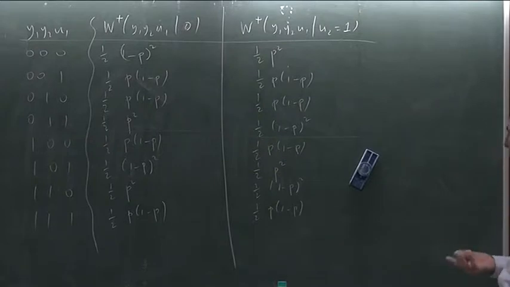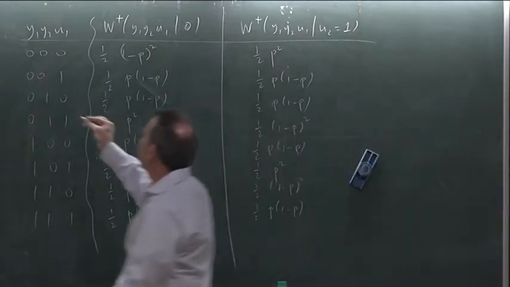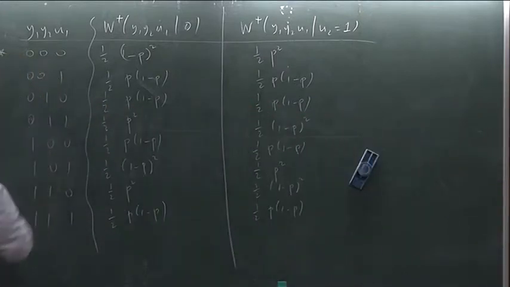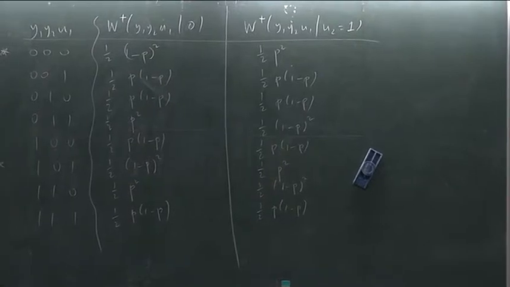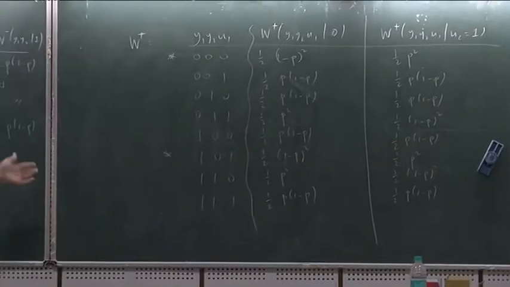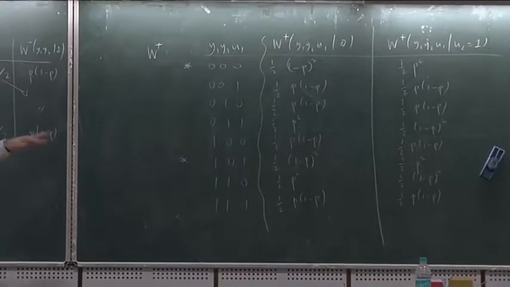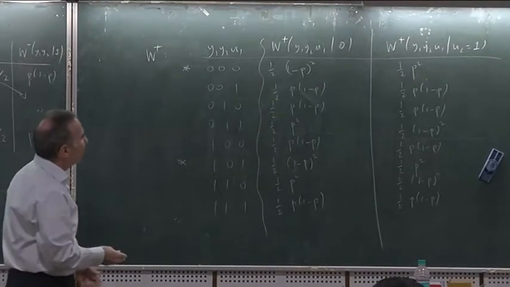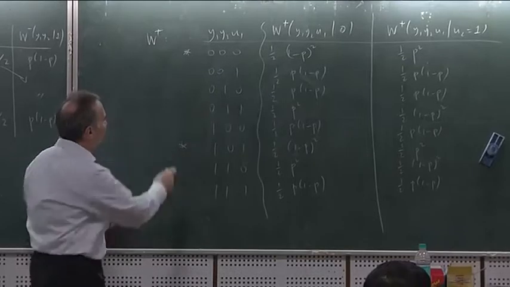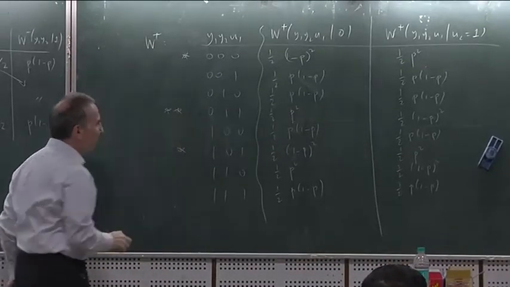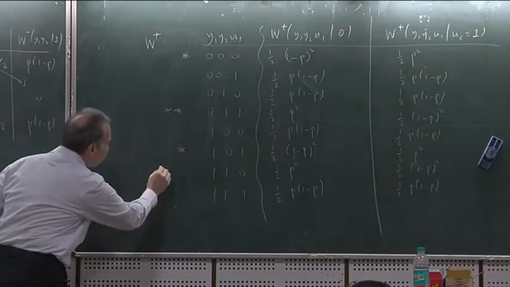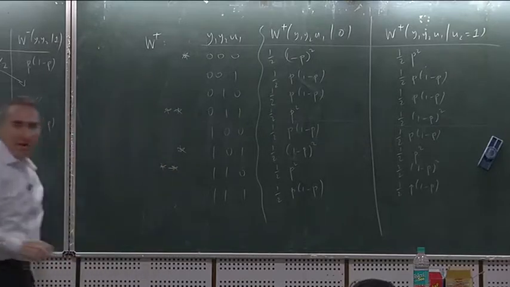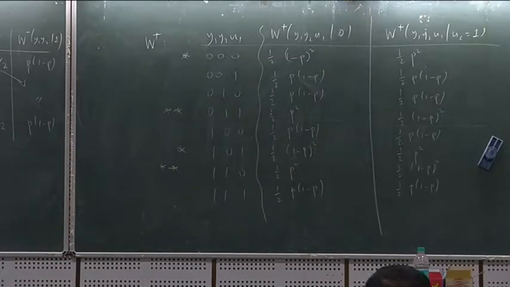Now we see that there are similar symbols. For example, this guy here and this guy here are exactly the same; they behave exactly the same way under the 0 and 1. Similarly, this guy here is the same as this guy here under the same two values.